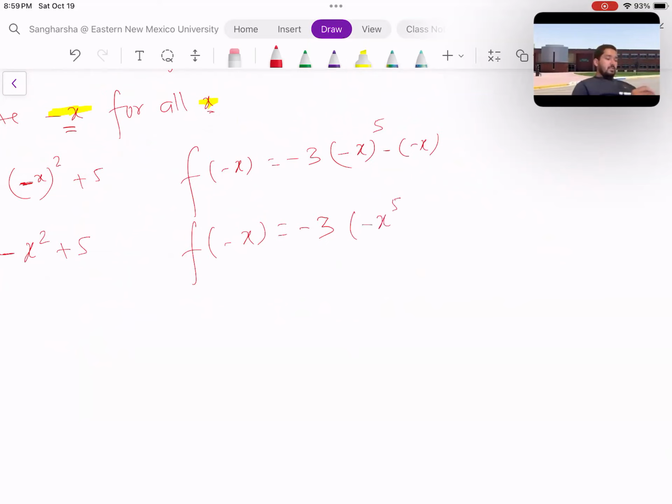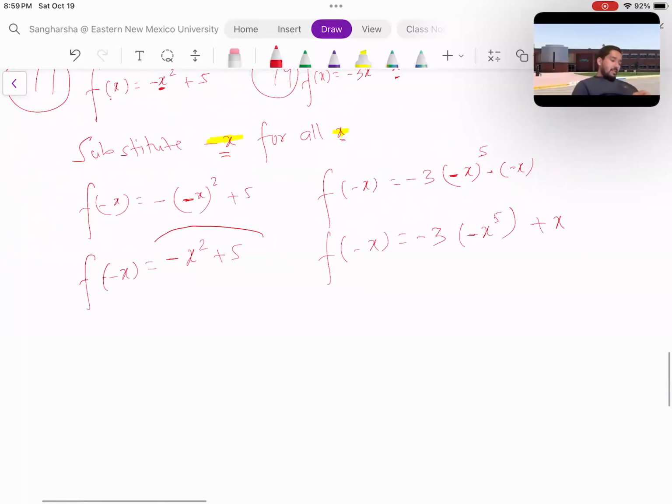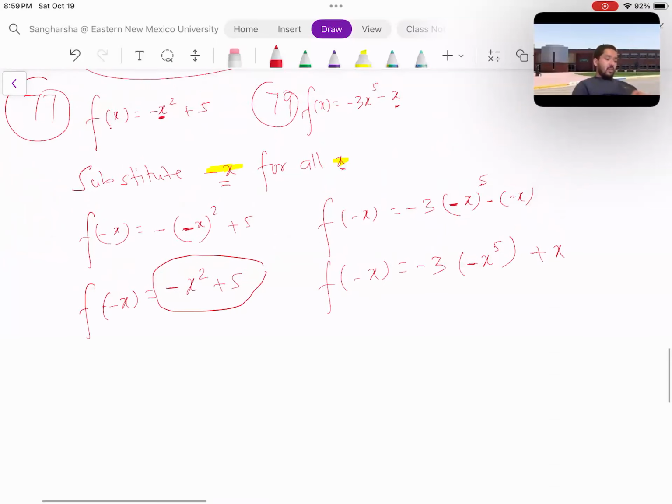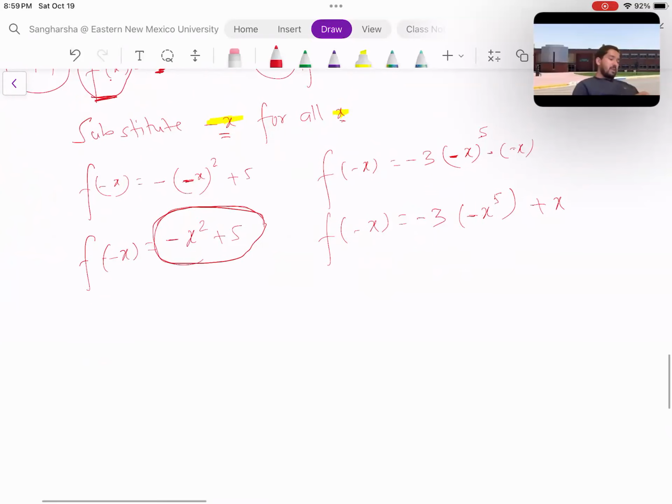Now, what is this expression, negative x squared plus 5? Isn't this expression same as f of x? It's the same, right? f of x is also negative x squared plus 5. So we replace this expression by f of x. So we have f of negative x equals f of x.